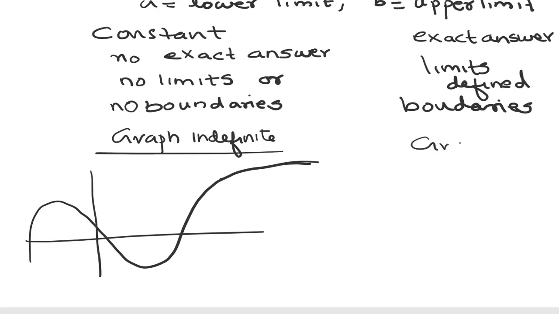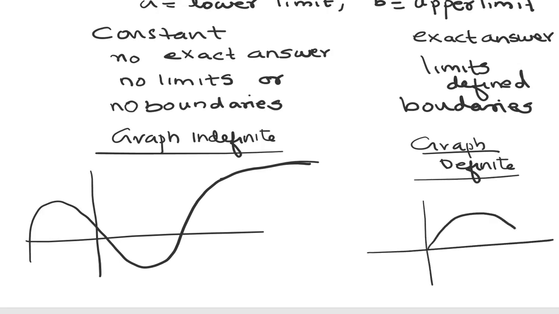Whereas the graph of a definite integral will be like this. Suppose this is 0 and this is 2, there is a lower limit and upper limit, and there is a boundary here, and an enclosed region can be found in a definite integral.